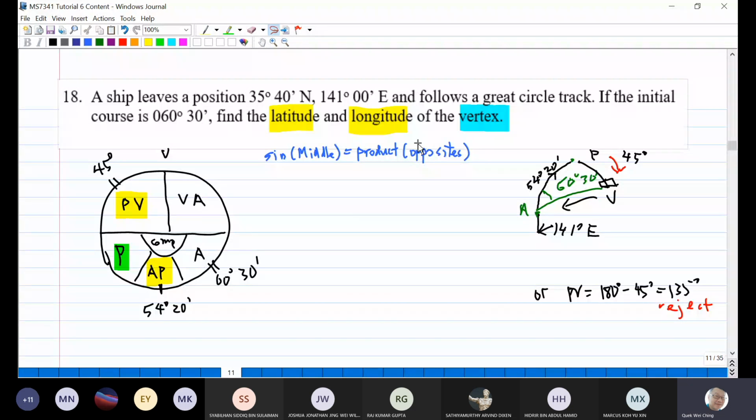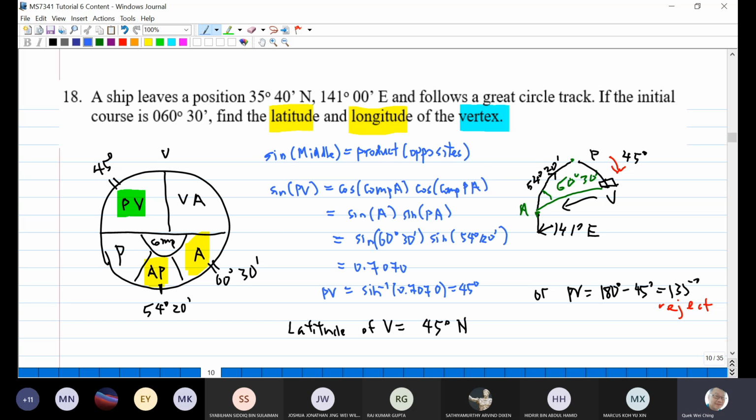Okay, so now I want to use sine of middle part equal to product of tangent, also forgot to mention, cosine, right? So this now is tangent. Okay, sorry about that. I should mention that this now is tangent. Whereas the earlier one was product of cosine of opposite here.